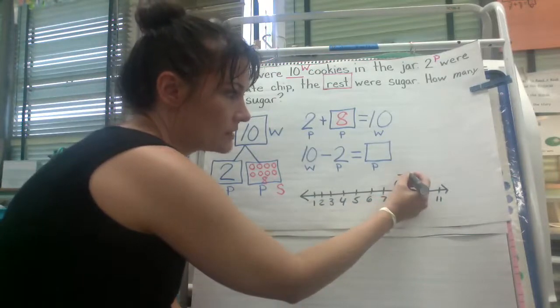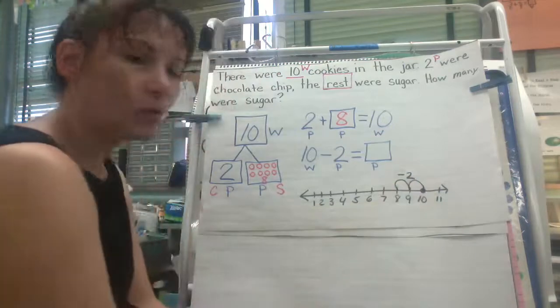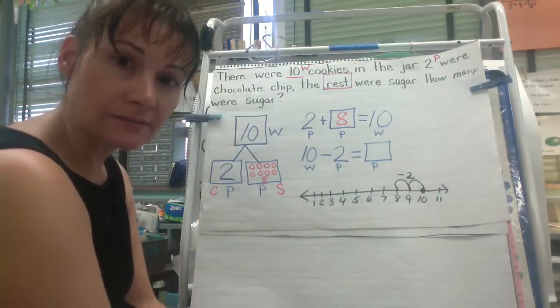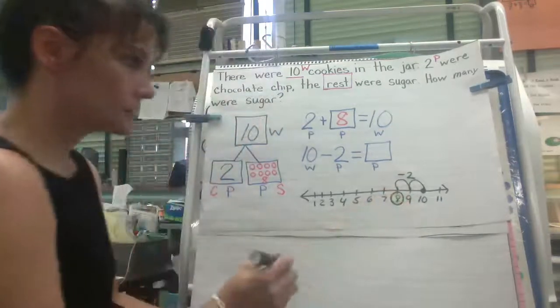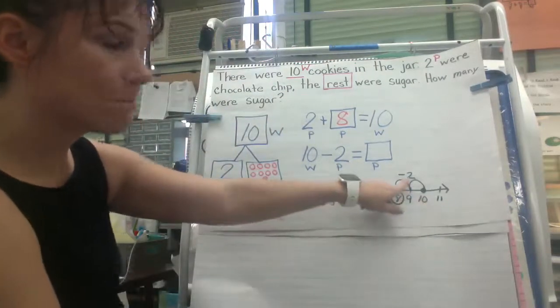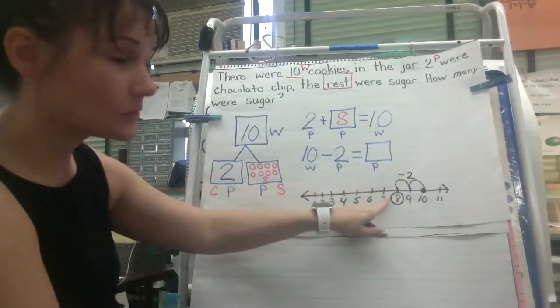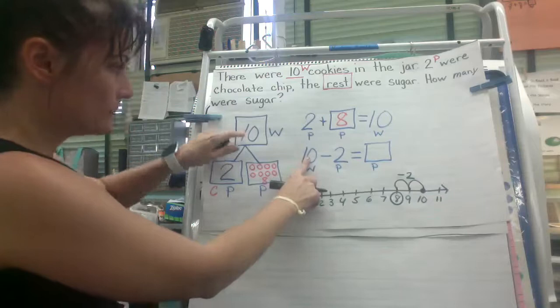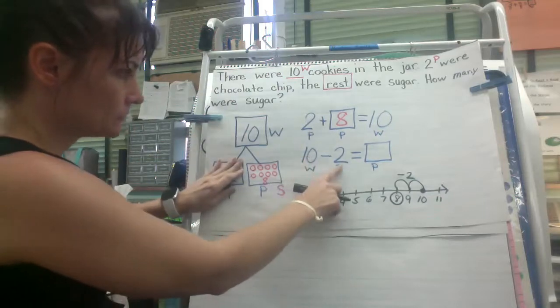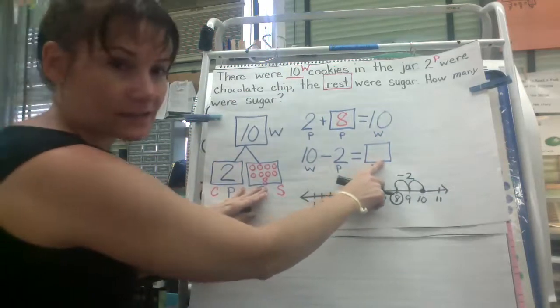So it's minus 2. Where did I land? I landed on 8. So 10 minus 2 equals 8.